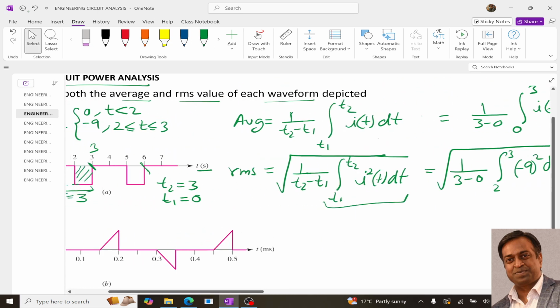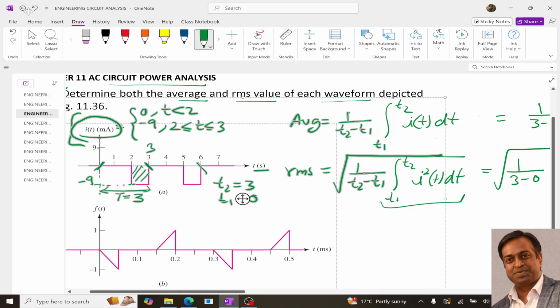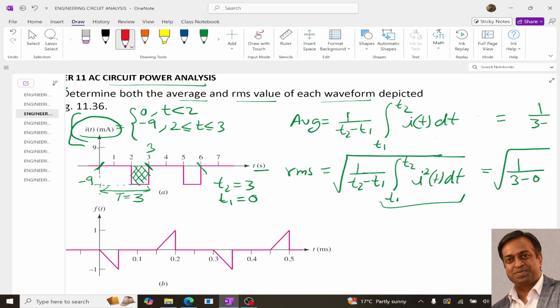For calculating the average, there is one more way. Like over here, we can calculate the area of this. So you can see, if we calculate the area, this length is 1 and this height is 9. Okay, we can take it as minus 9, right?